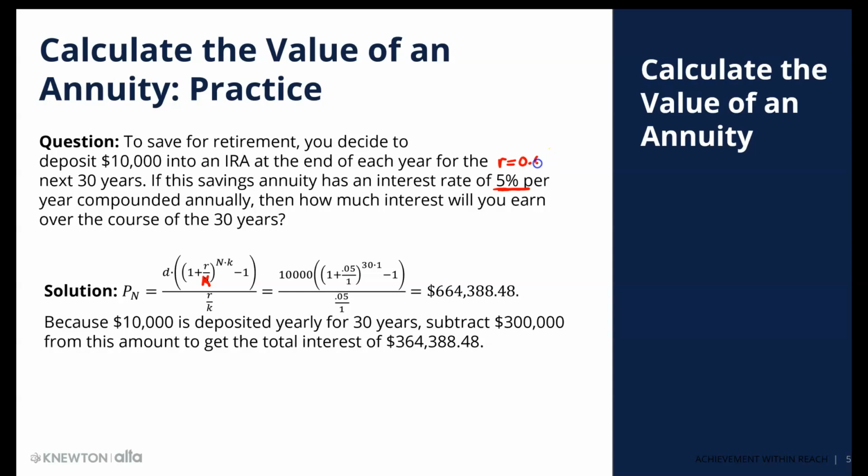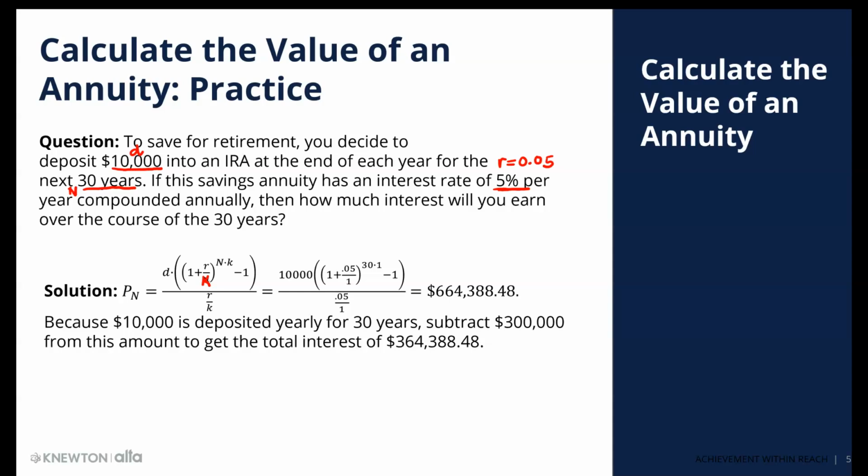So 5% is 0.05. Now, D is the amount of payment, in this case yearly, that is 10,000. So this is your D. And then the 30 years here is the number of years. N is equal to 30.